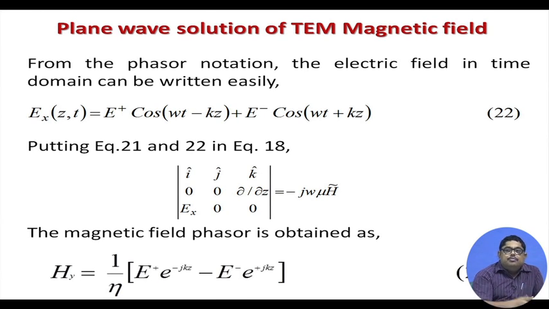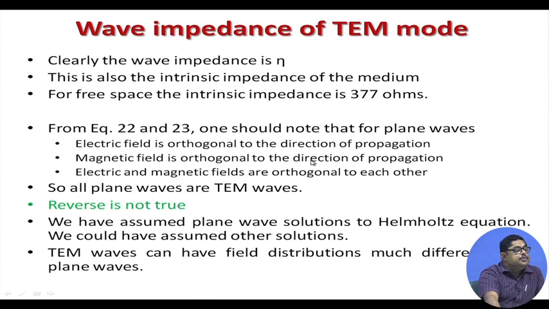So, I know the electric field, let us put it into Maxwell's equation to find the magnetic field. We put it and the magnetic field becomes H y, it was E x, it is H y in this form, equation 23.